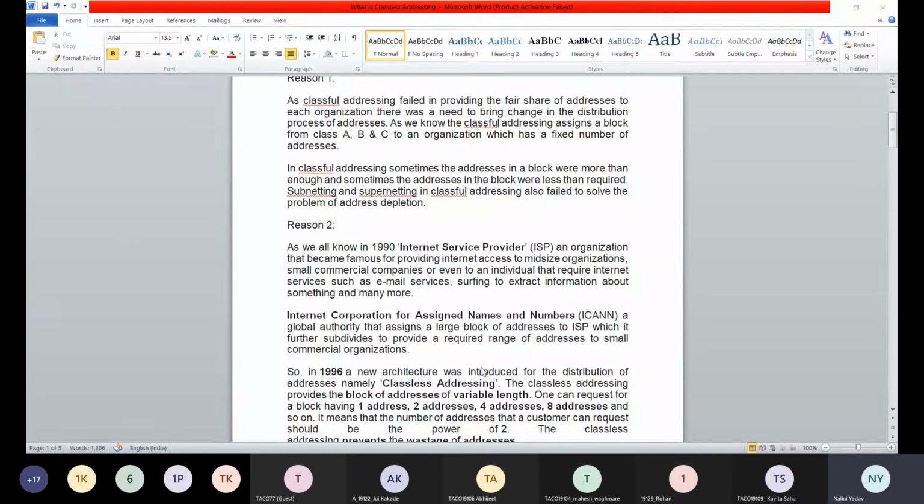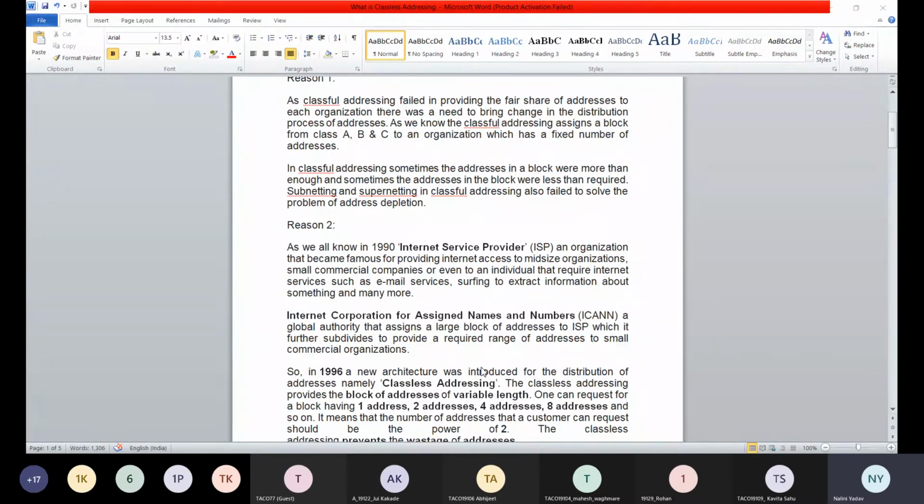So in the 1990s, the internet service provider, an organization, became famous for providing internet access to mid-size organizations, commercial companies, or even individuals who require the internet. Why do people require the internet? For email services and surfing to extract information.